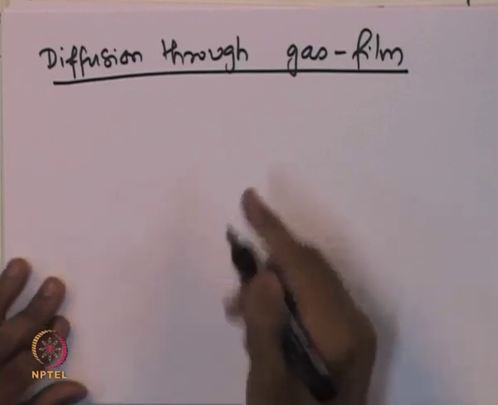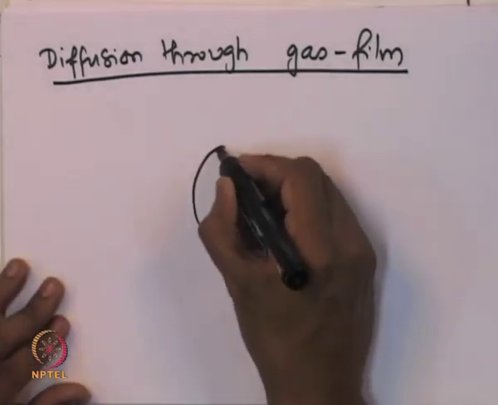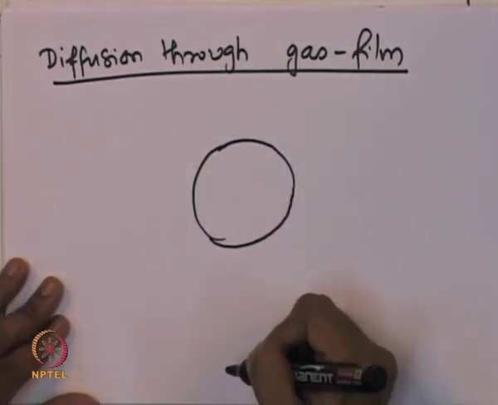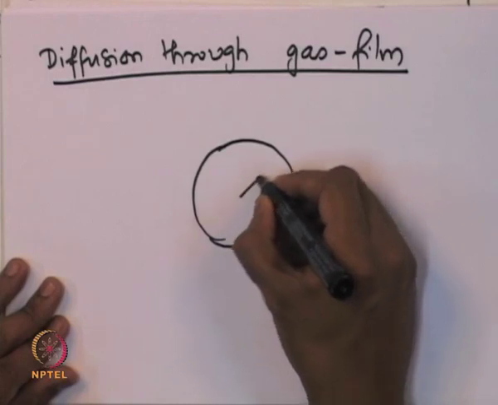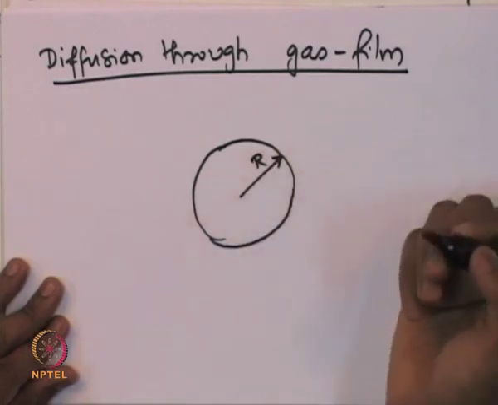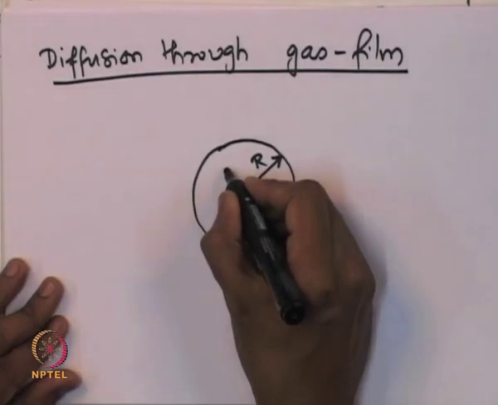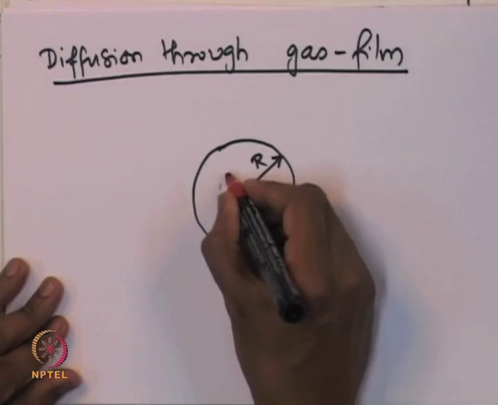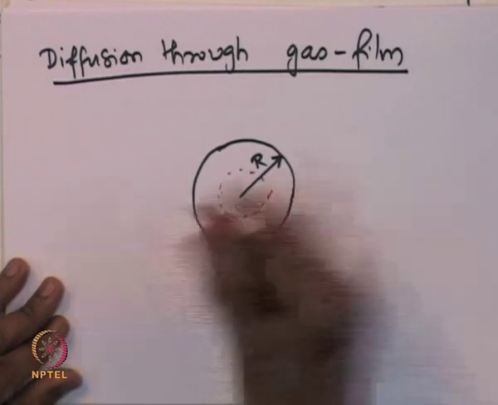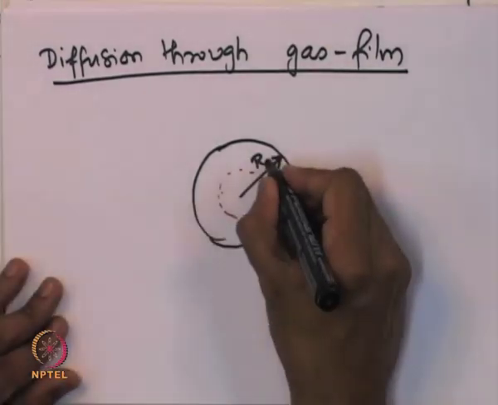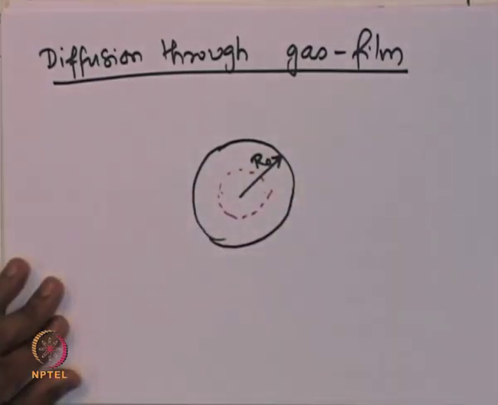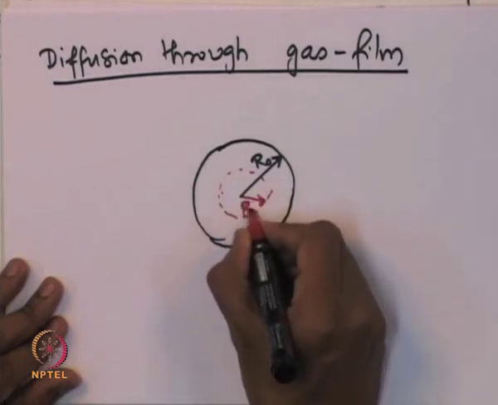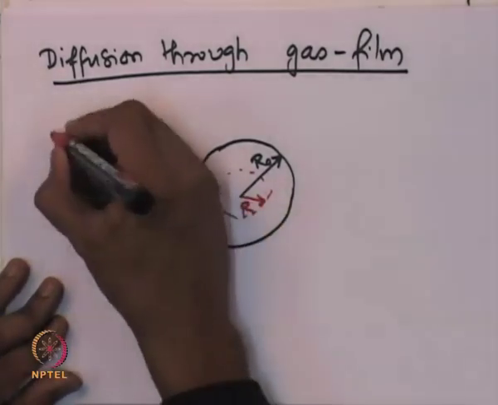Now, what happens here? Suppose this is the original particle with which the reaction was initiated, with initial radius r naught, and the unreacted core, depicted in red color here, has radius r at any time t.